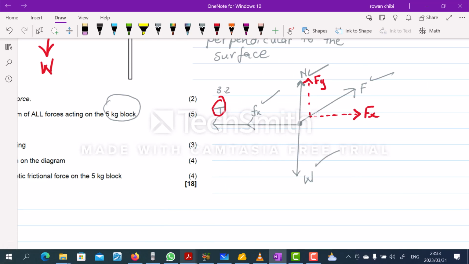So we want to find this one, which is the tension. Remember, they gave us this one, they said it is 10 newtons. Also we have that F of X, which is the horizontal component of the weight. So there are 2 ways you can do this.